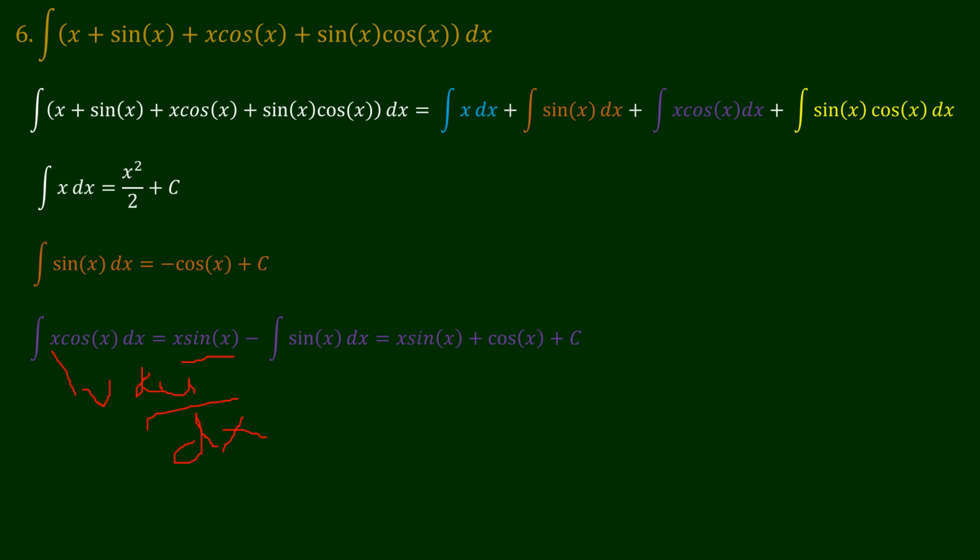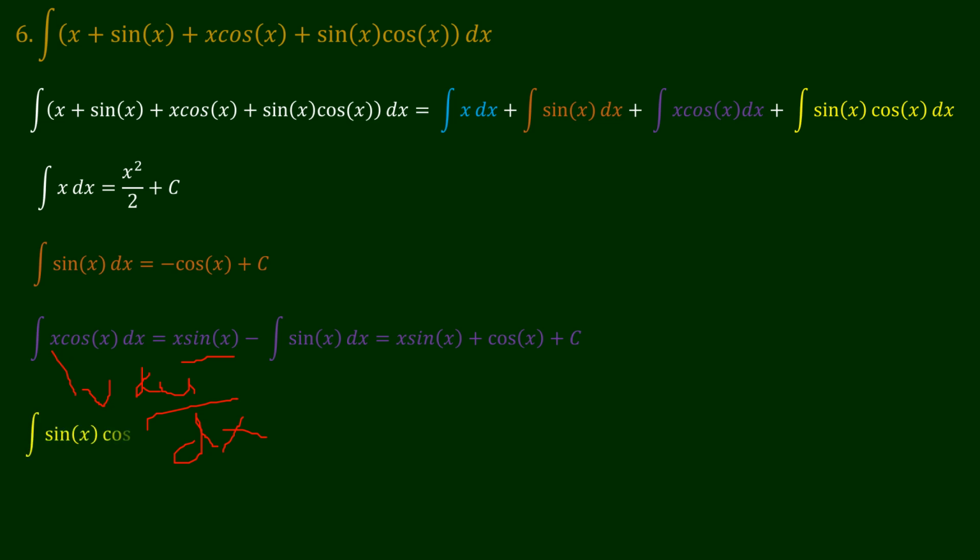So this is integration by parts, and therefore the total integral becomes x sine x plus the integral of sine x is negative cosine x, so the negative sign and this minus sign cancel out, so we have a positive sign, so it's x sine x plus cosine x, and then a constant.